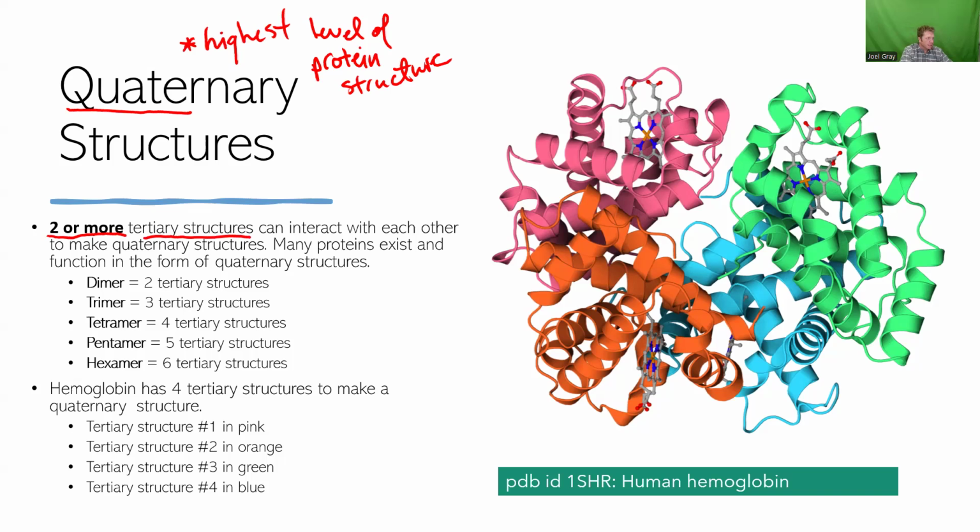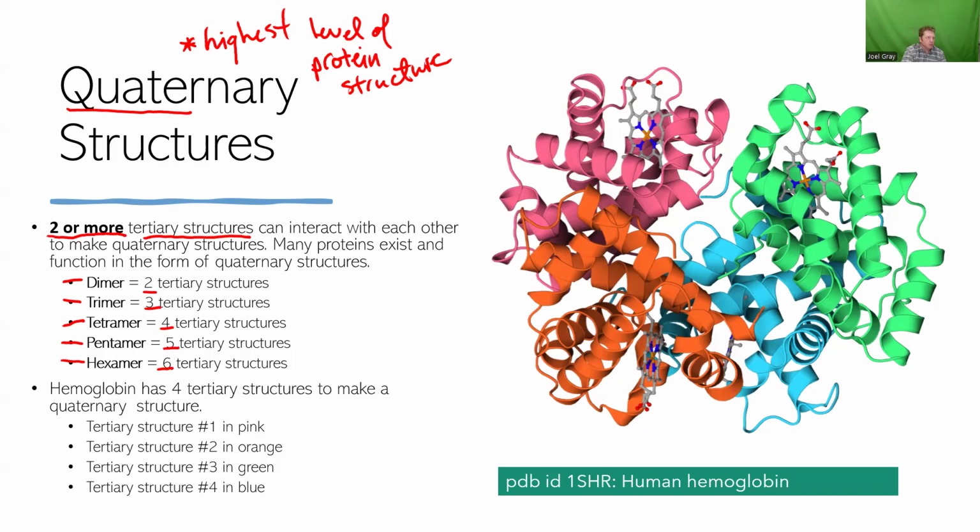There is a dimer, a trimer, tetramer, pentamer, hexamer. A dimer has two tertiary structures, a trimer is three, a tetramer is four, five is a pentamer, and a hexamer is six proteins folding together.